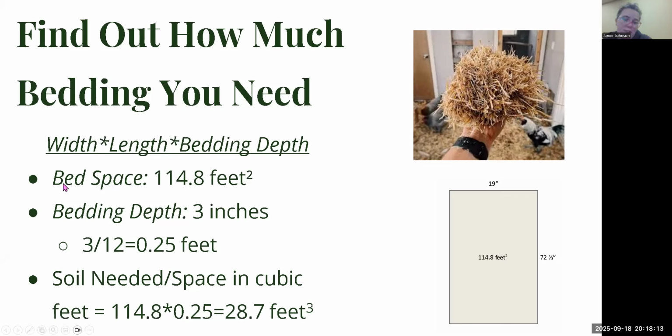So if we want to use this whole square rectangle as our bedding space, that's 114.8 feet. So we've knocked out the first two, the width times the length. And then our bedding depth: Google also said that chickens should have at least 3 inches of bedding in order to be happy chickens.